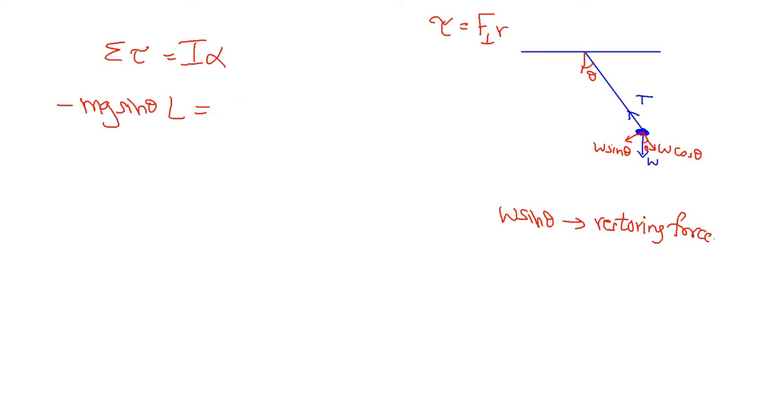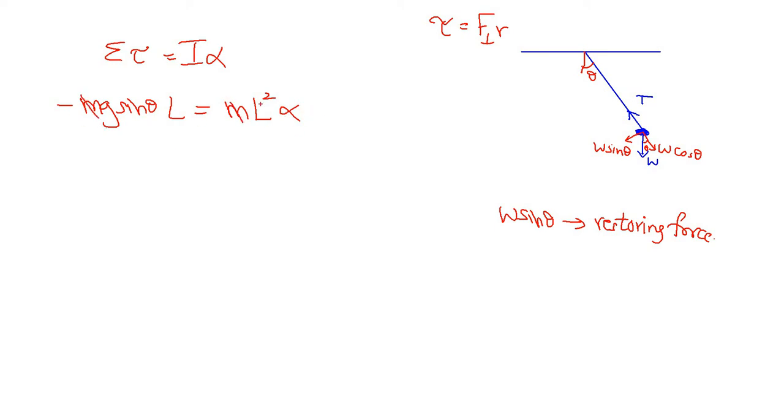So this is just a mass, assuming that the string is massless, rotating around this pivot point. Its moment of inertia is m times L squared, where L is the distance from the axis of rotation to the mass, which is just the length of the pendulum. So this is times alpha, and alpha is, remember, the angular acceleration. Now the m cancels out.